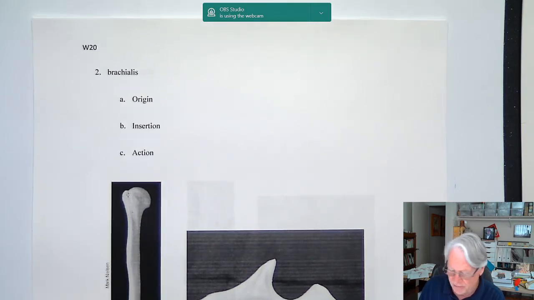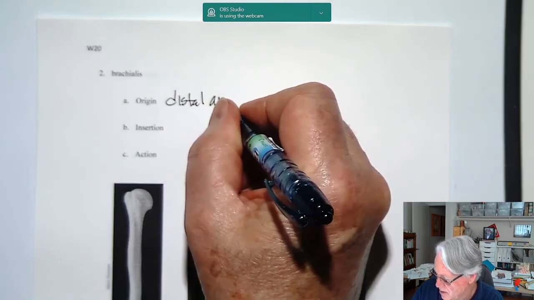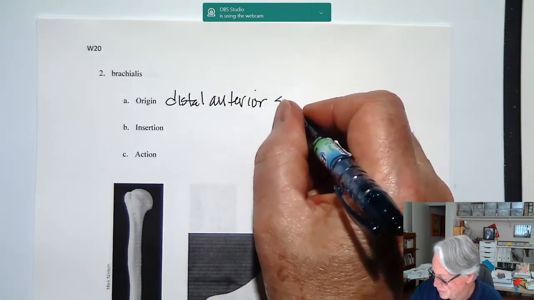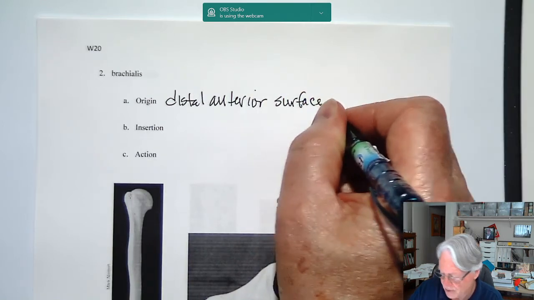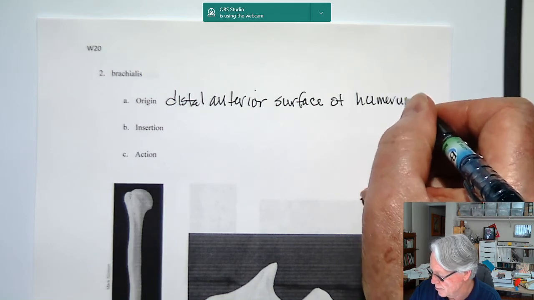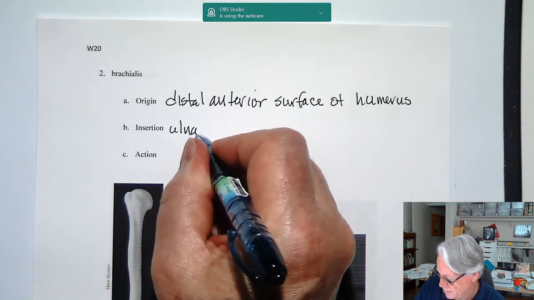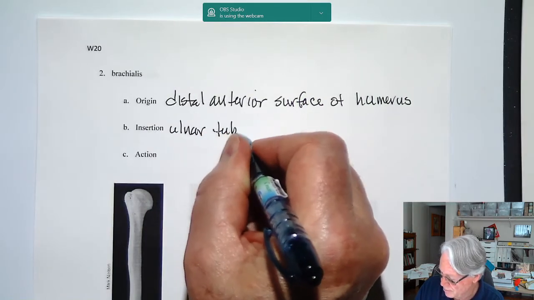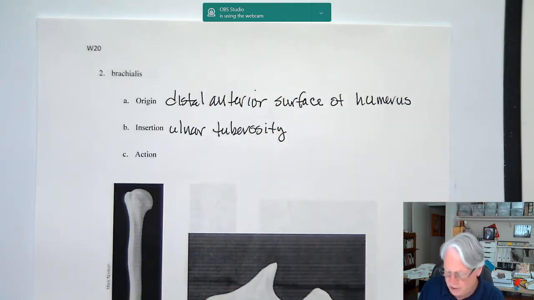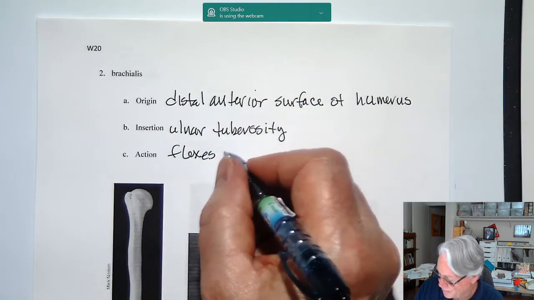The origin of the brachialis is the distal anterior surface of the humerus. The insertion is the ulnar tuberosity. And the action is flexes the forearm.